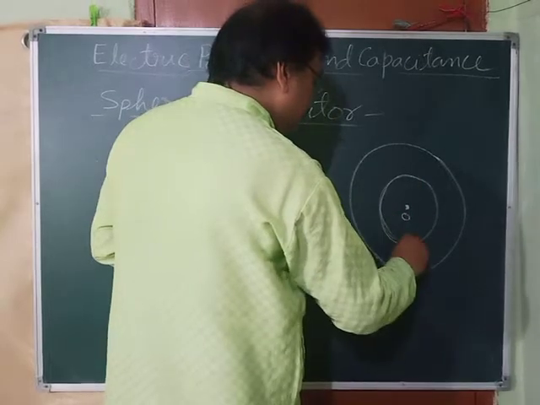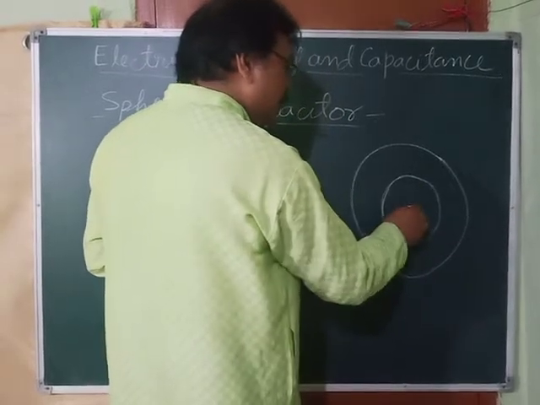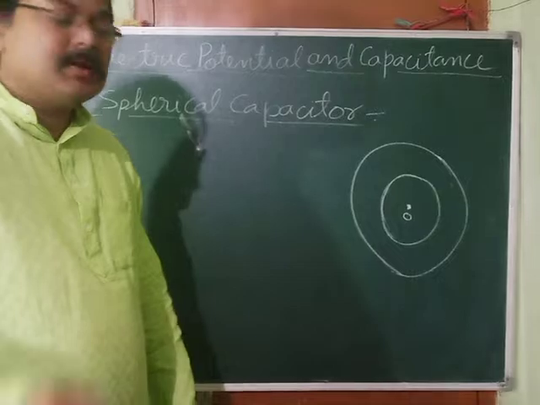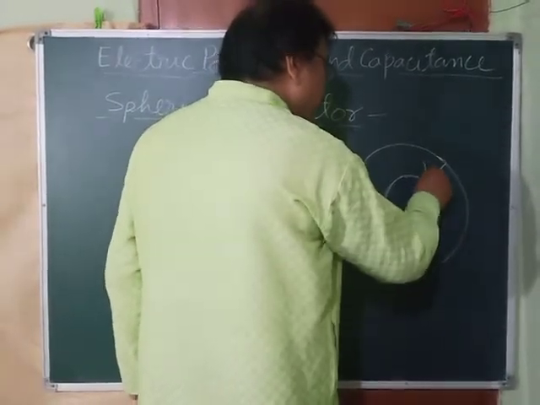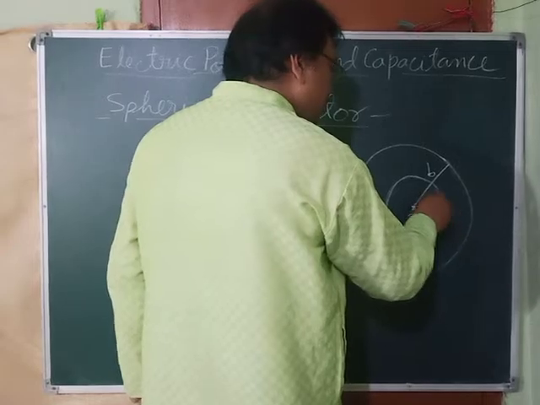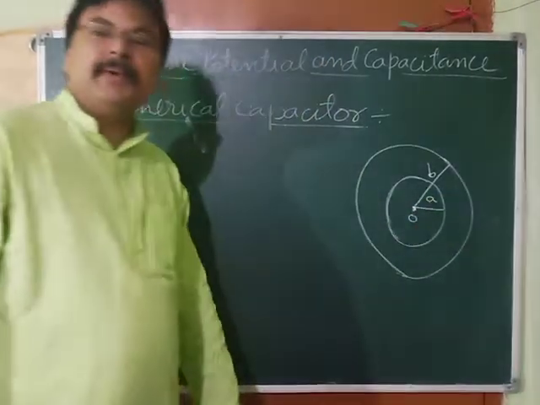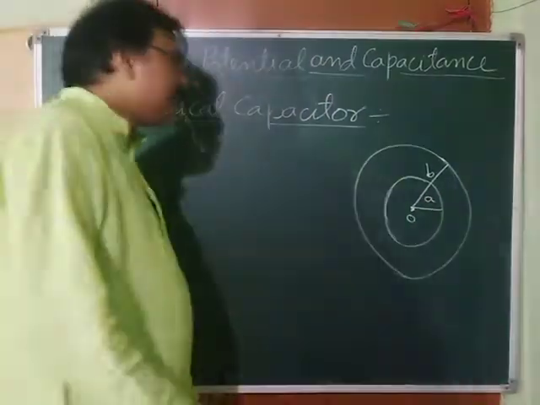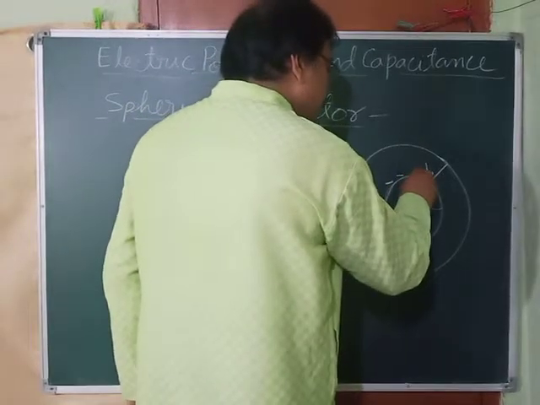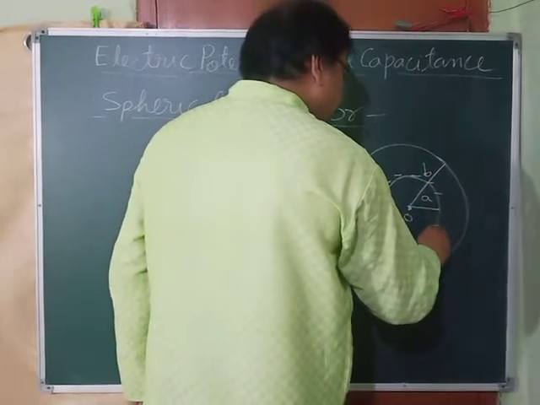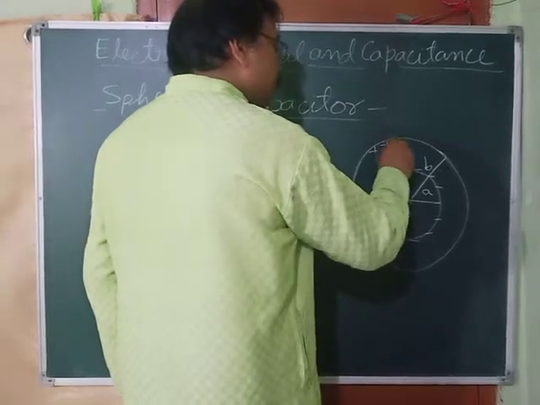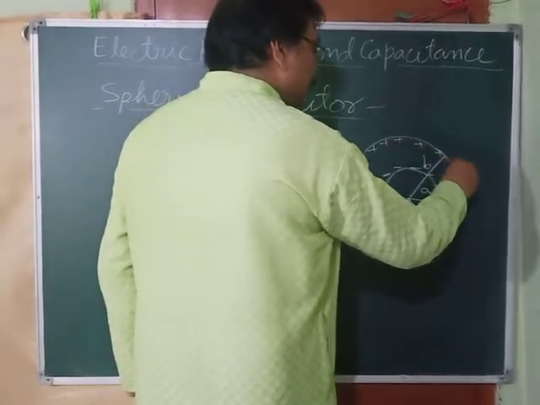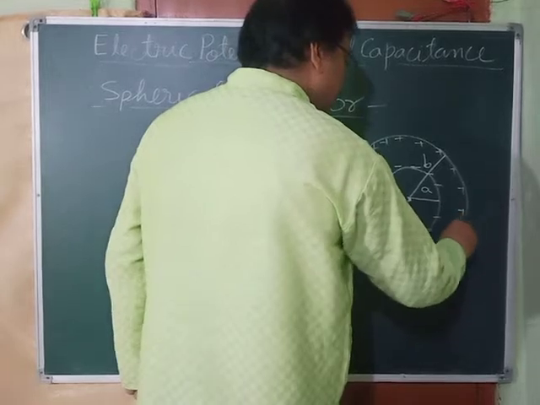These are the two spherical shells, both having center O. Suppose the radius of the external one is b and the radius of the internal one is a. This internal one has negative charge over its surface, and this has positive charge over its inner surface as well.